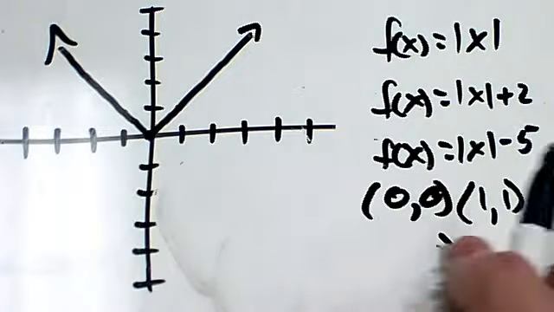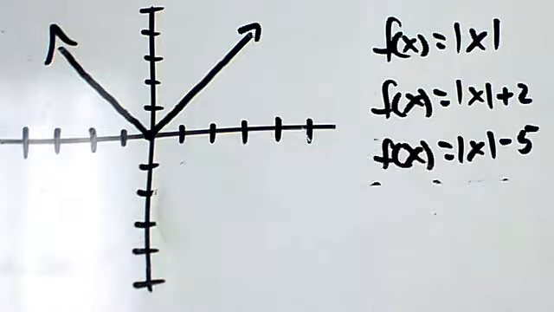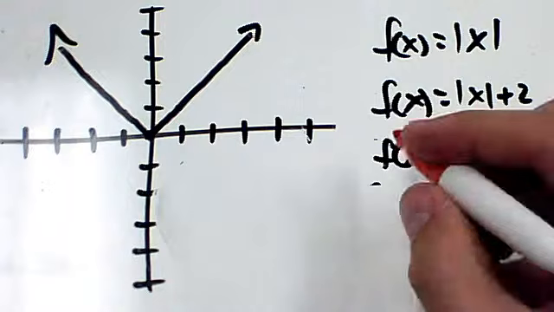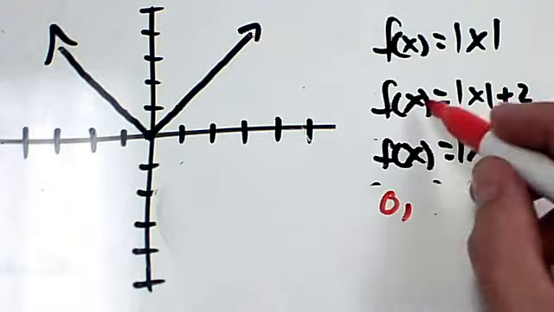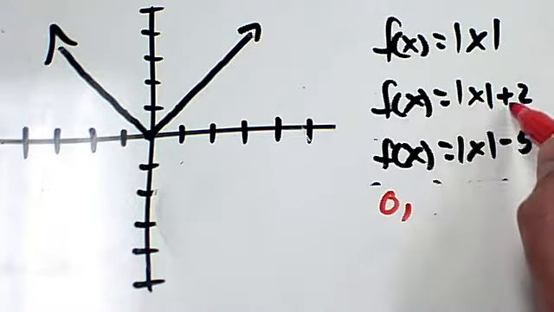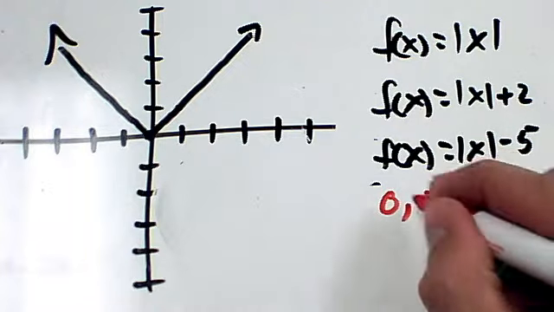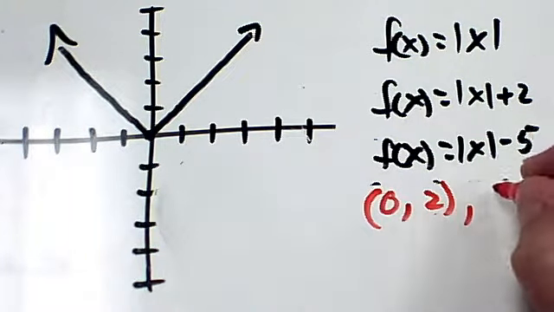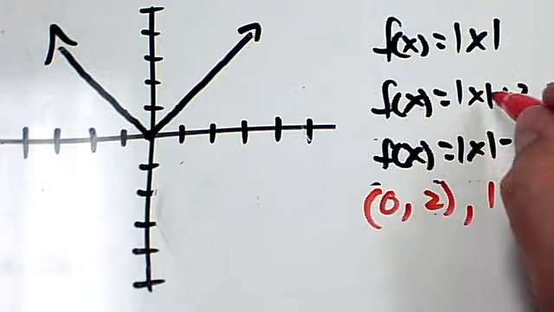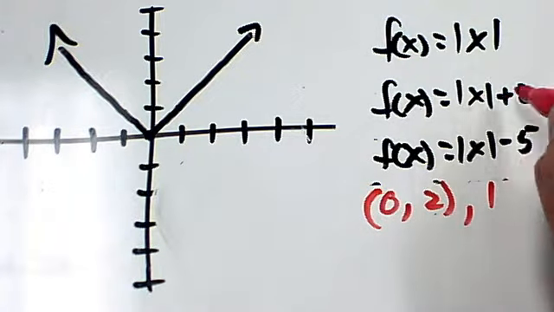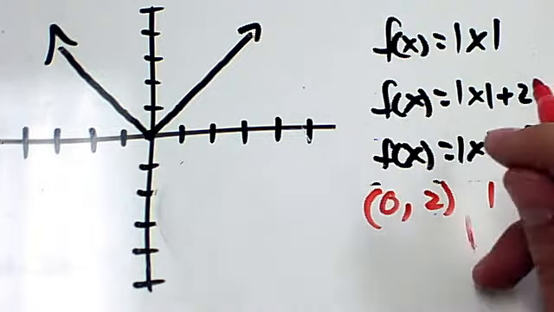Okay, so that's that. Let's try and graph the next function, absolute value of x plus 2. So when x is 0, f of x is 0 plus 2, which is just 2. When x is 1, f of x is absolute value of 1, which is 1, plus 2, which makes 3.